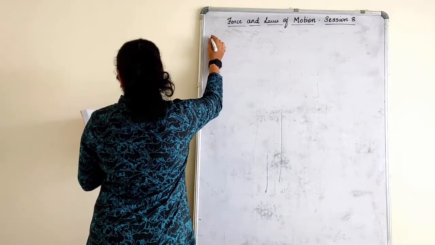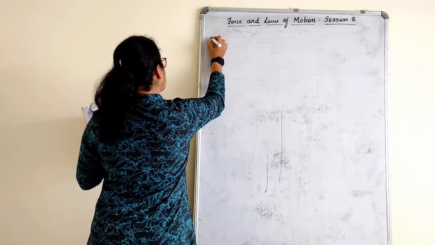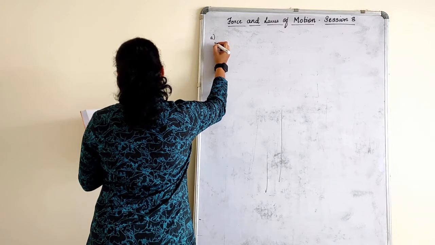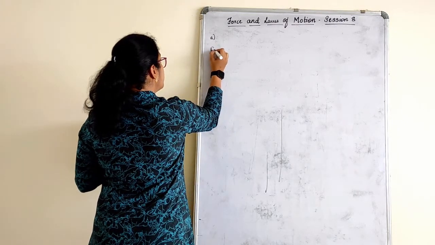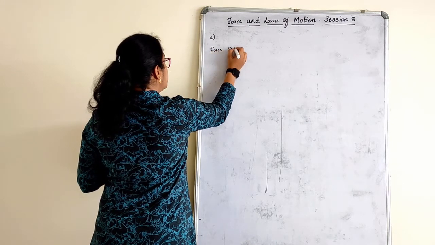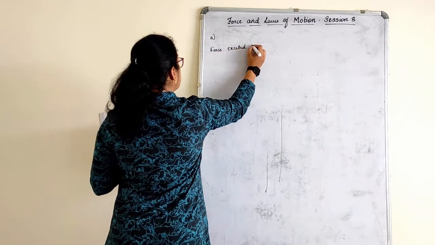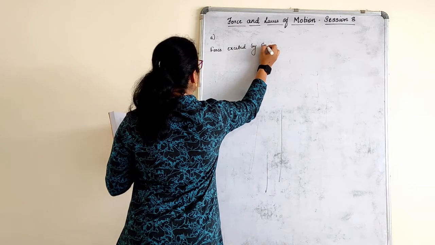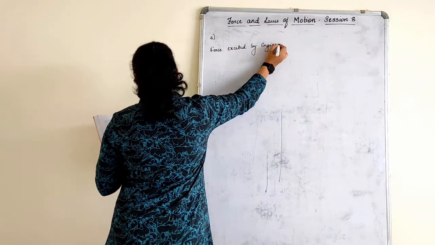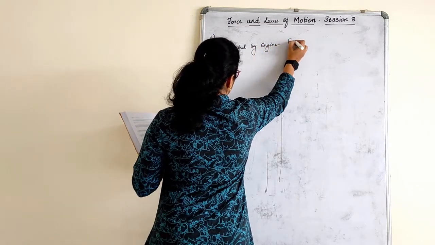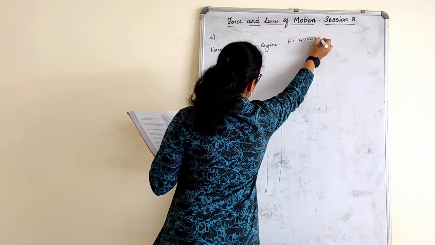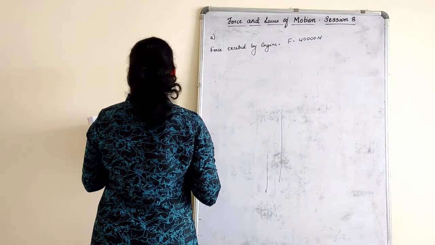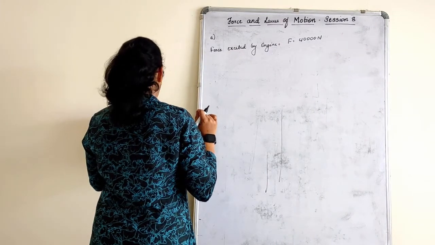So here, according to the A question, force exerted by the engine is how much? That we will write. Force exerted by engine, F is equal to 40,000 Newton. Keep it as it is. That is the force exerted by the engine.